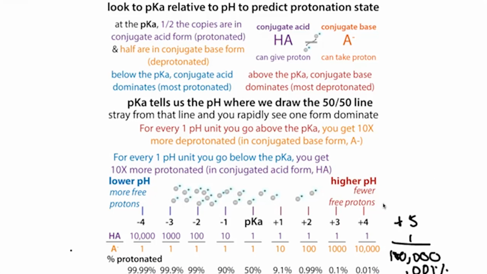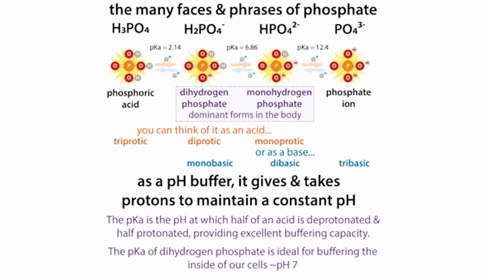And so you're going to have it be predominantly, about 99.999%, in this conjugate base form. That's why we don't really need to worry about this form. We're going to have it mostly in the conjugate base form of phosphoric acid.